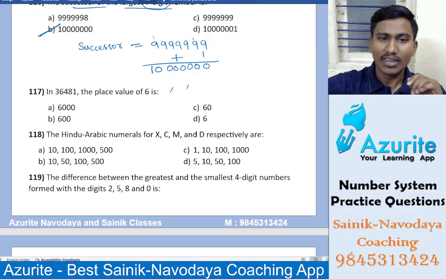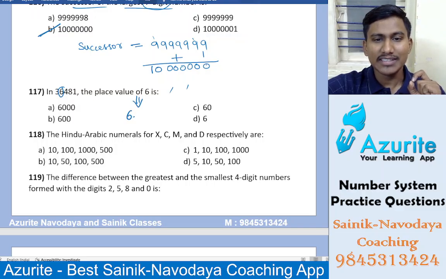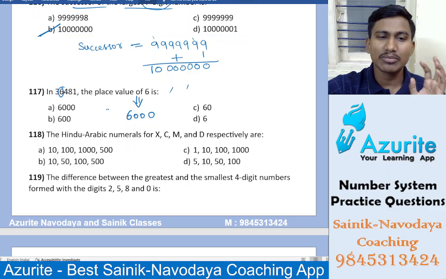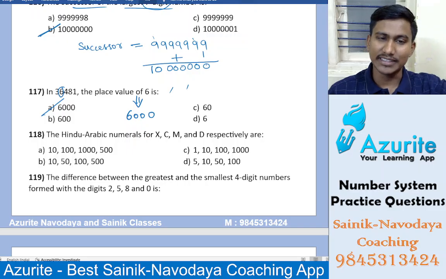Here, 6 is in the thousands place, so the place value of 6 will be 6000. Option A is the answer here. Got it? A very easy question.